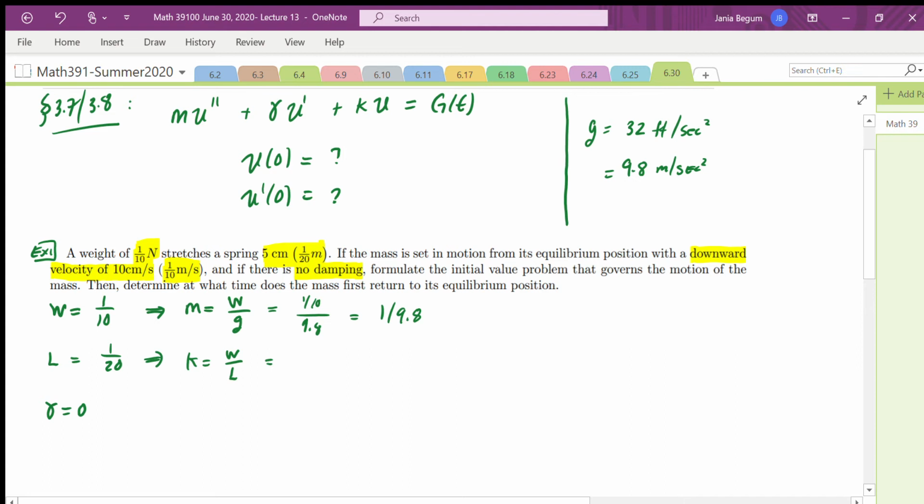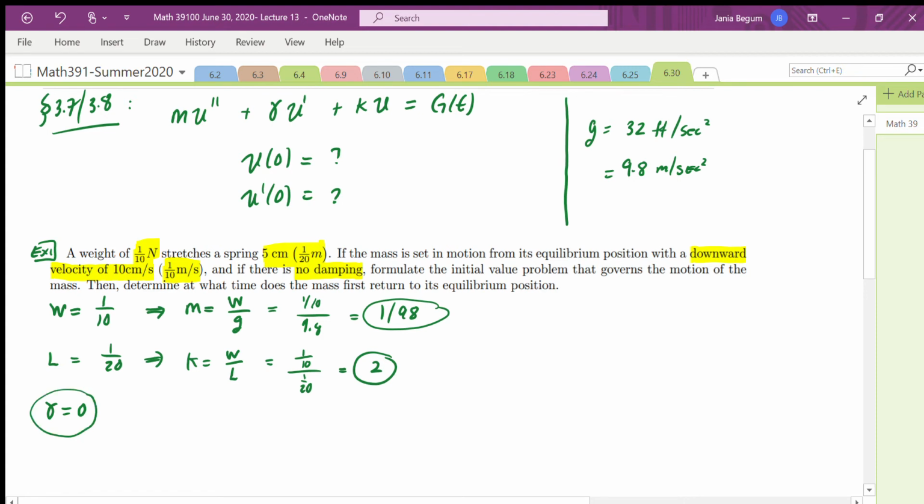That would be 1 over 10 over L, which is 1 over 20, so that's going to be 2. I think I multiplied this one wrong. That should be 98. Okay, that looks right now. So K is 2 and gamma is 0.